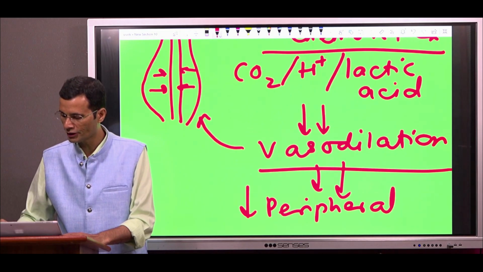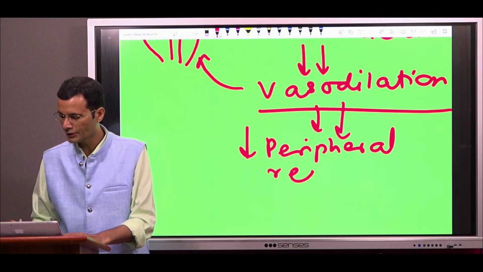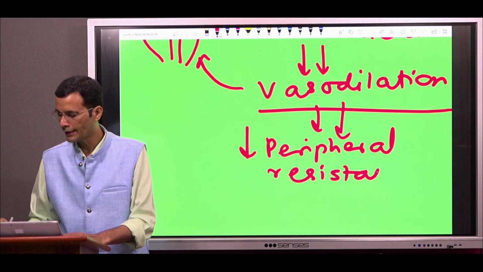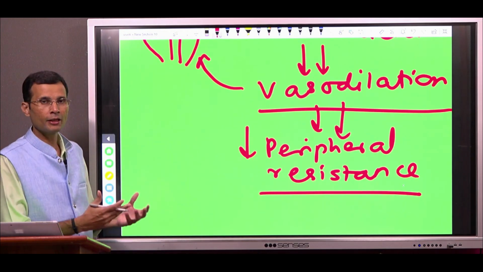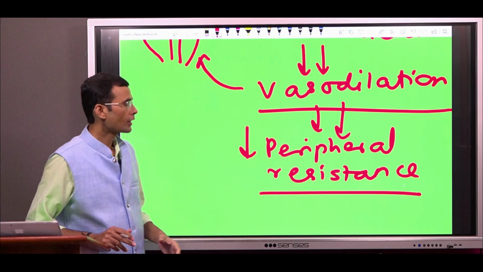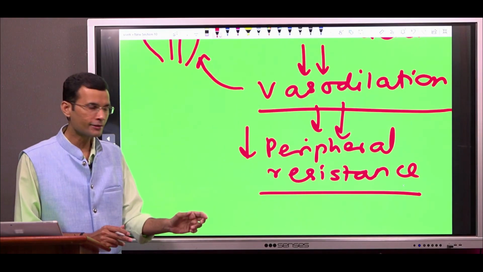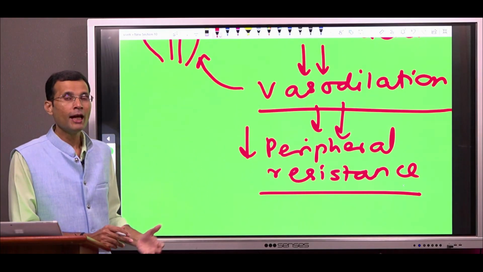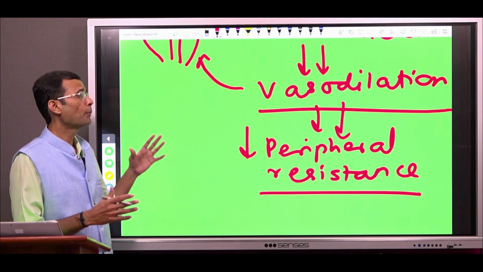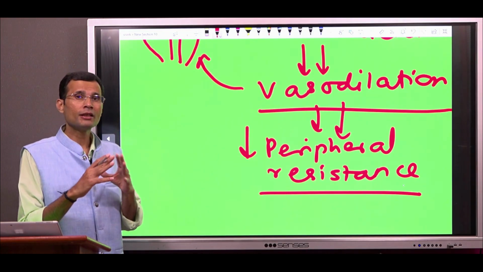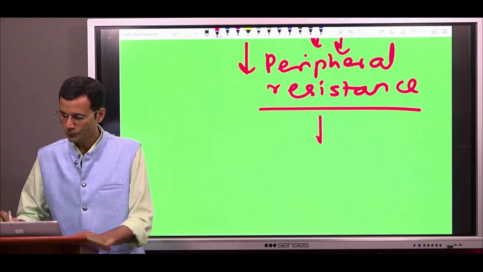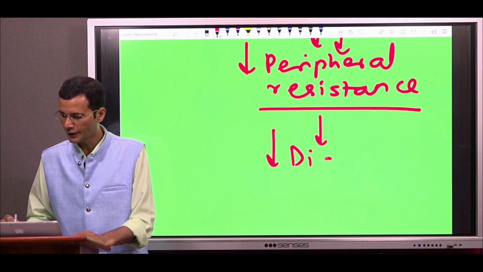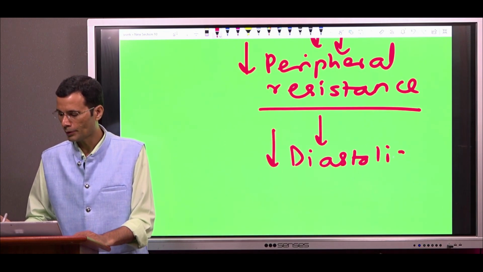We have already mentioned that the peripheral resistance is mainly contributed to by the skeletal muscle vasculature. So, if that vasculature dilates, the peripheral resistance will fall, and we have also mentioned that peripheral resistance is indicated by diastolic blood pressure. So, there would be a decrease in diastolic blood pressure.